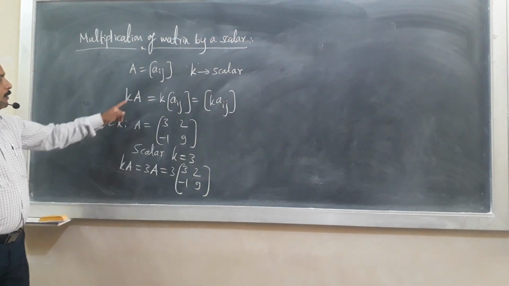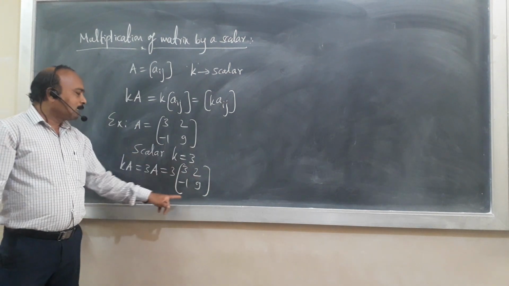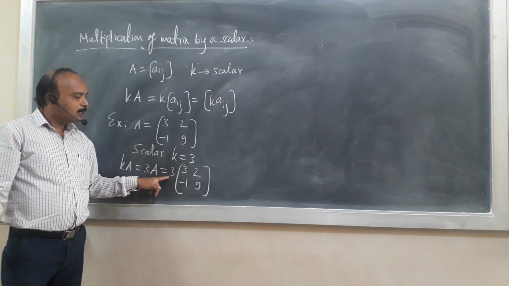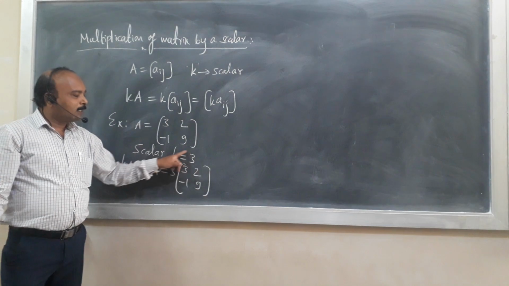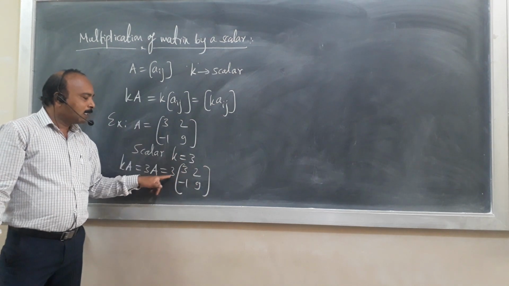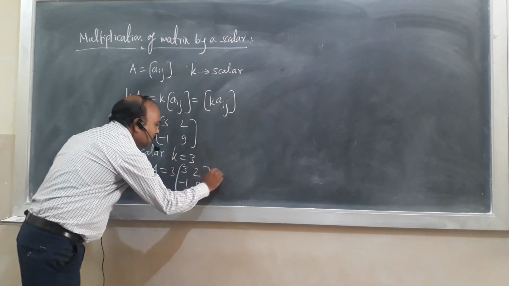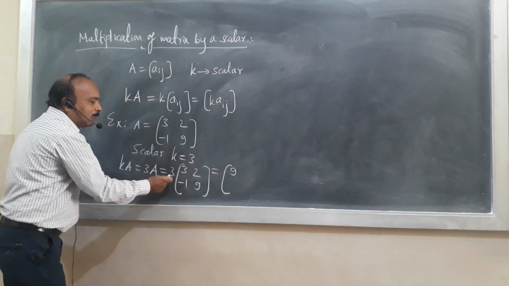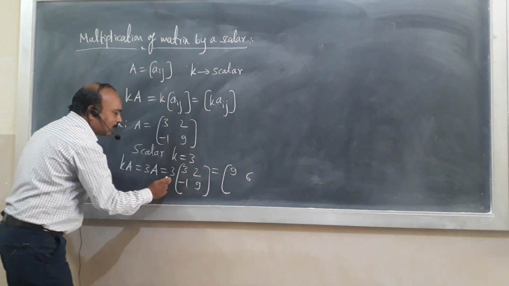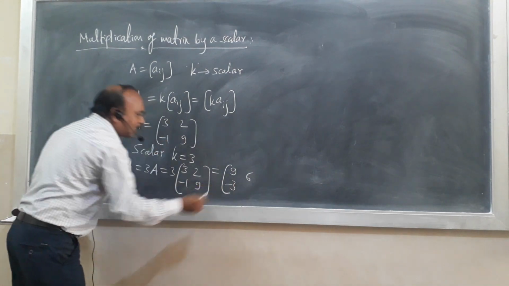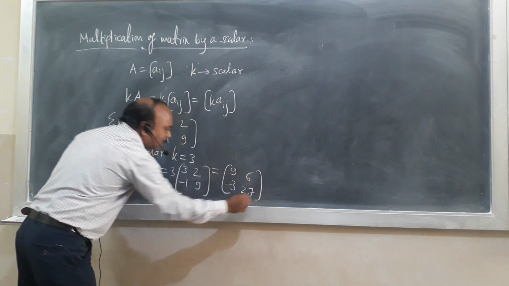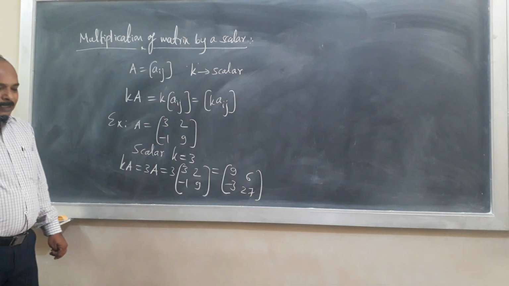According to the definition, we multiply all the elements by 3. Then we get 3 into 3, 9. 3 into 2, 6. 3 into minus 1, minus 3. 3 into 9, 27.